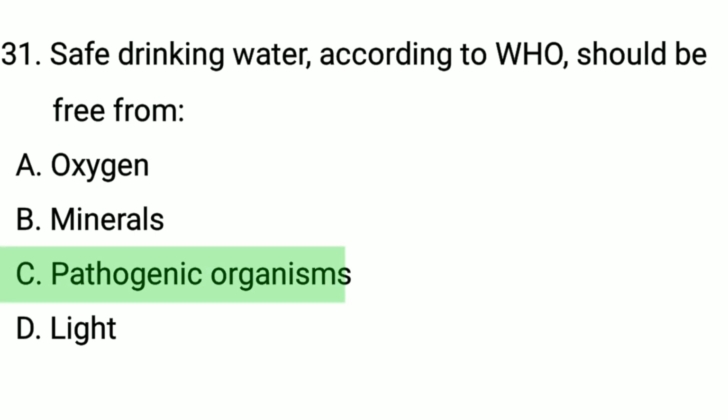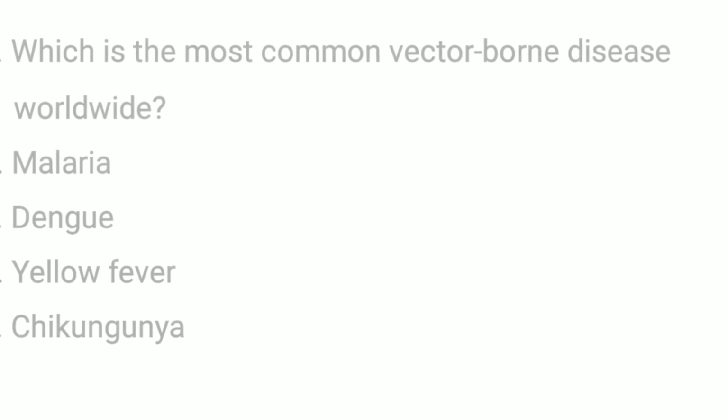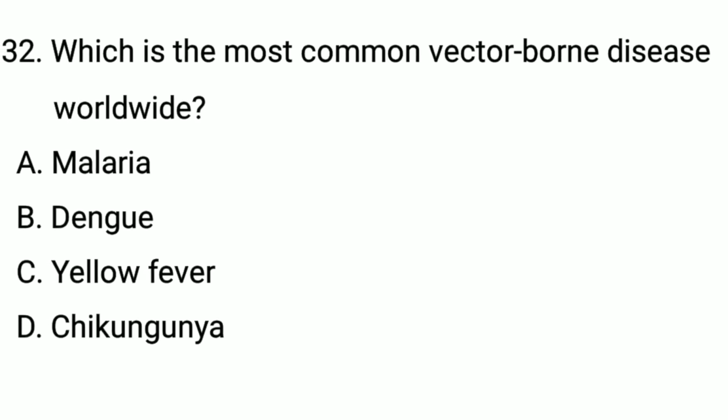The right option is option C, pathogenic organisms. Question number 32. Which is the most common vector-borne disease worldwide? The right option is option A, malaria.